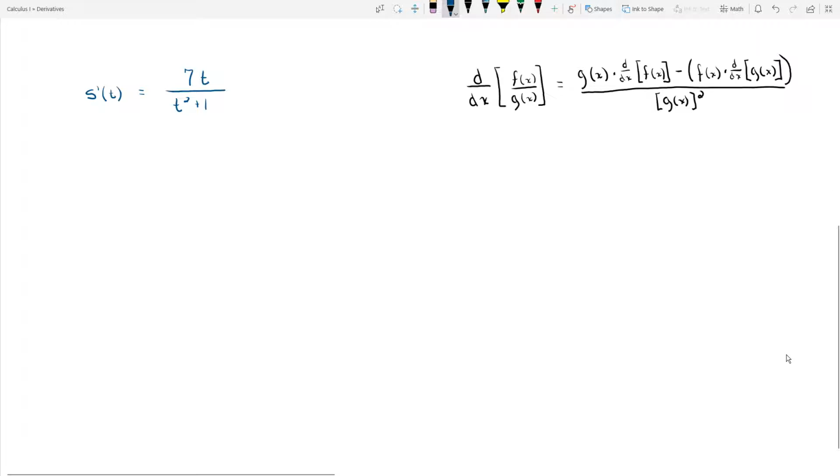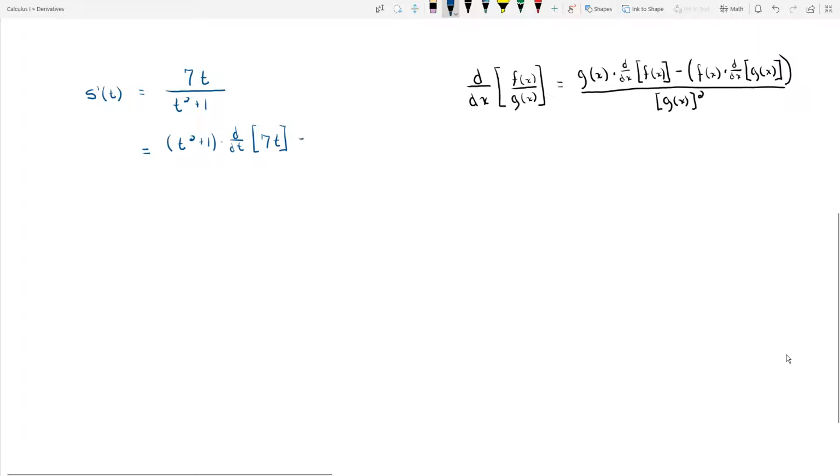I've also listed the general formula for the quotient rule for derivatives, and s prime of t is how I'm going to begin. I'm going to write out the entire term of the denominator multiplied by the derivative with respect to t of 7t.